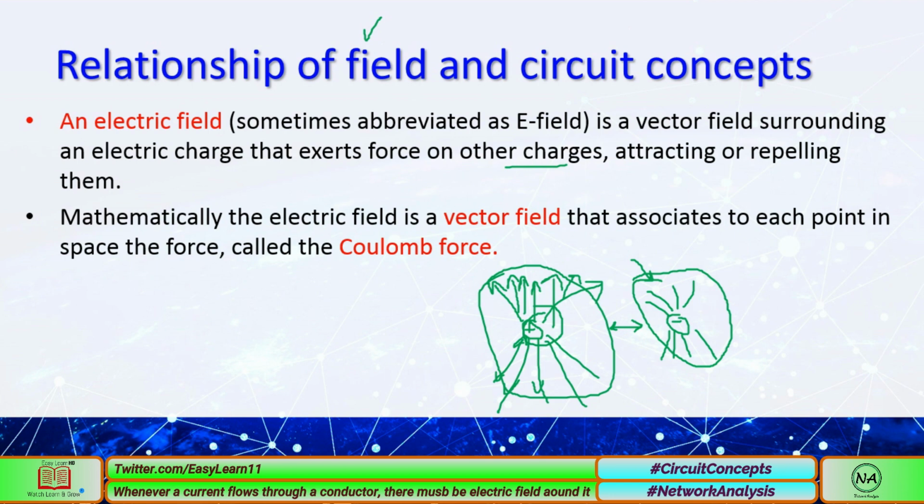This is told by Coulomb, so we always use the Coulomb force, and we say this is a Coulomb force. Mathematically, the electric field is a vector quantity because, as you know, I drew arrows here that are associated with each point in space, and the space usually matters.